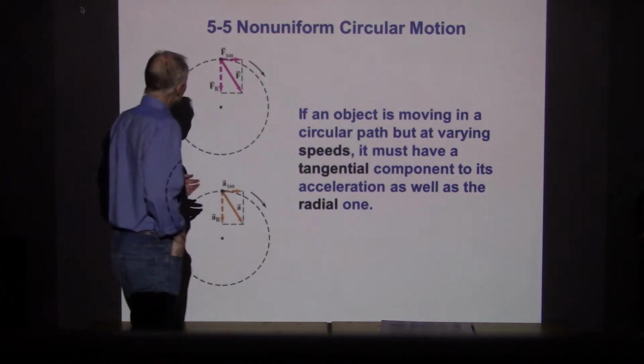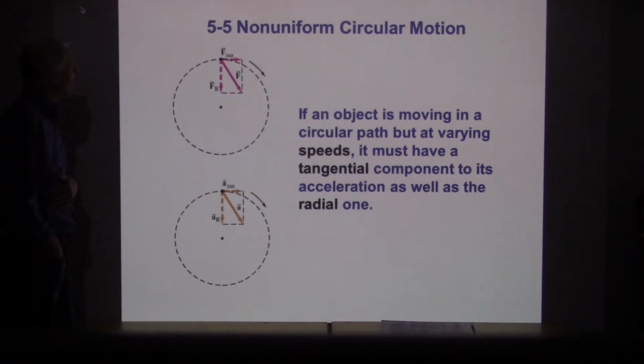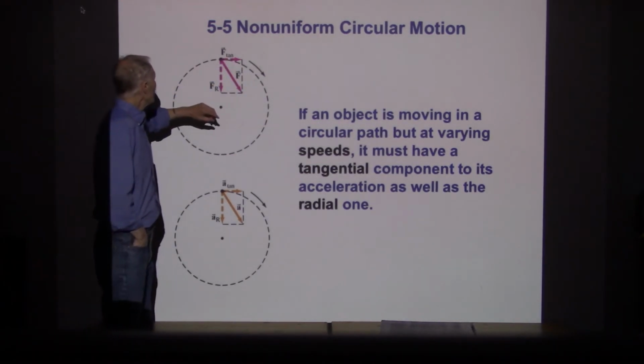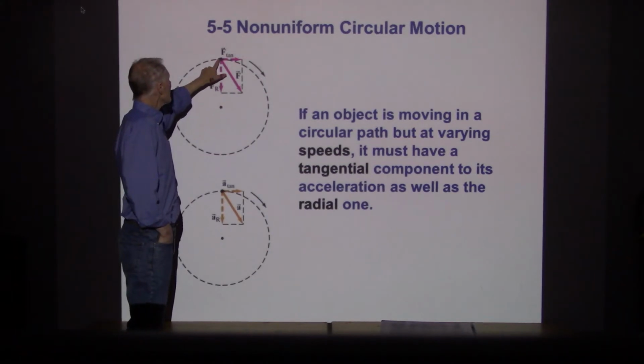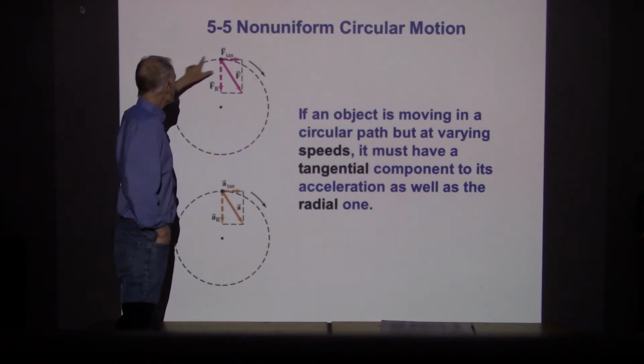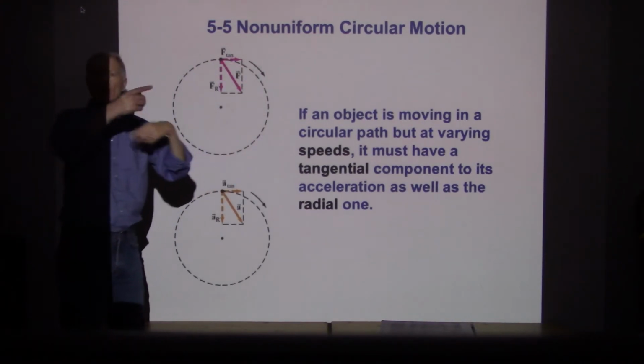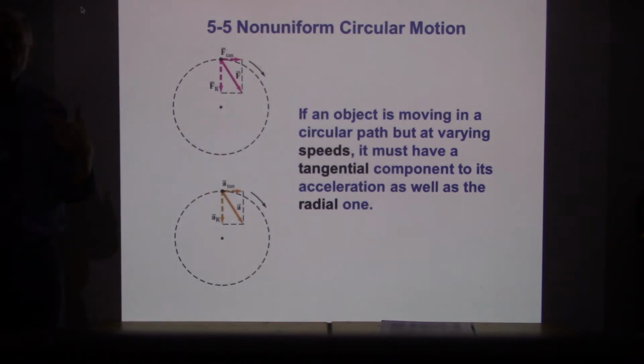Be aware, I think there may be one problem in the homework where we're looking at non-uniform circular motion. So what would happen if, instead of going at a steady speed, we started going faster and faster in these circles?